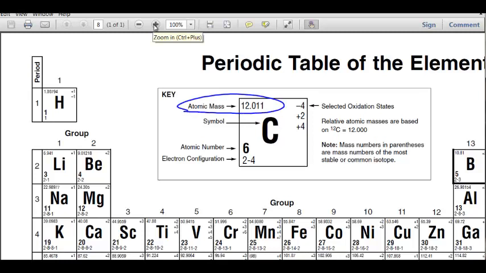So atomic mass of an element is that decimal number that's in the upper left-hand corner. And what we're going to do is round that to the nearest whole number. That's why we're not going to use sig figs, because we're always going to record our formula masses to the nearest whole number. Okay?